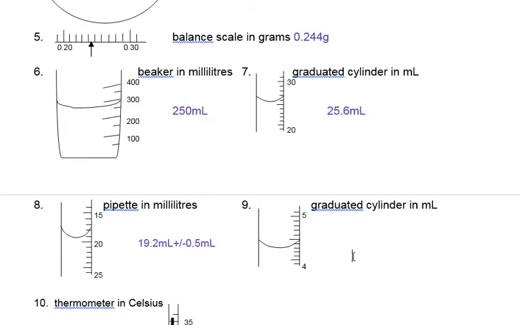Same thing with our graduated cylinder. We're looking at 4.3. This one looks like it's pretty much right on the line. So I put that 0 in there, but the 0 is not certain, because is it exactly right on the line? I'm estimating that I think it is. But sometimes we're not so sure about that, right? So we have to put that estimated digit in, and again, we have that level of uncertainty.